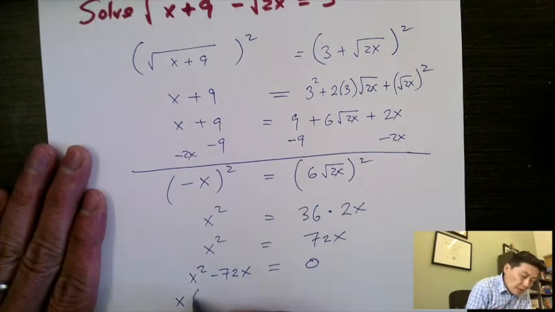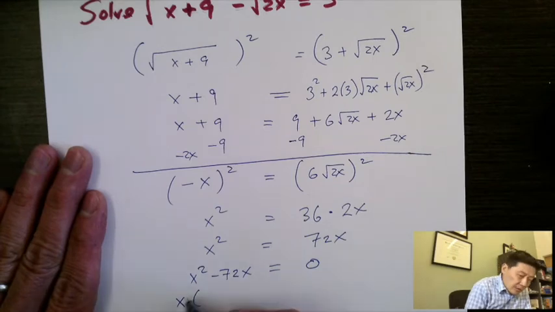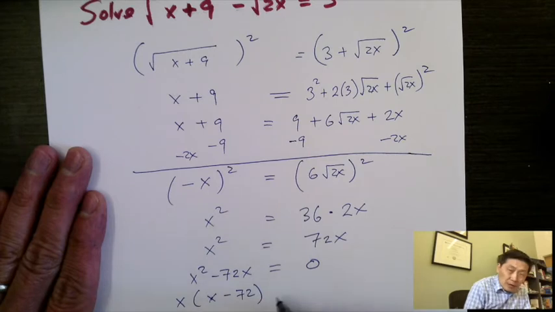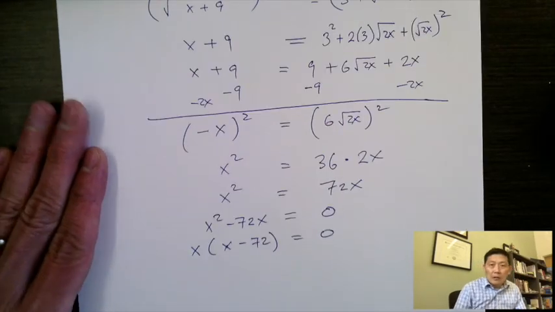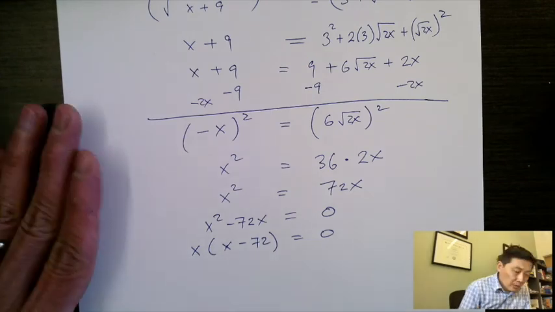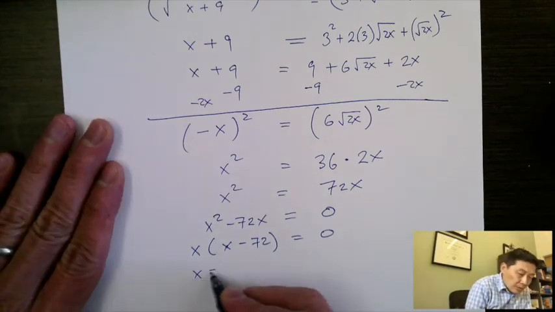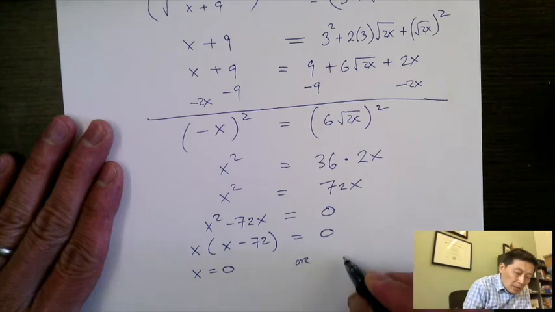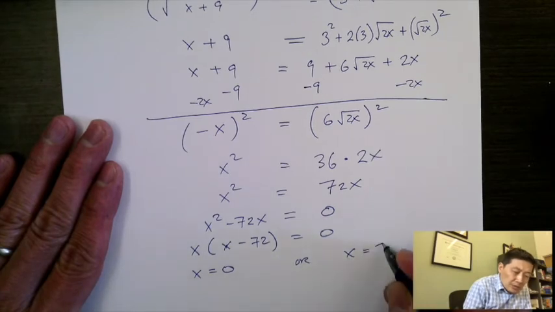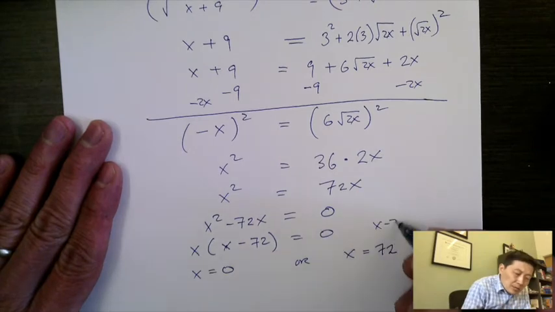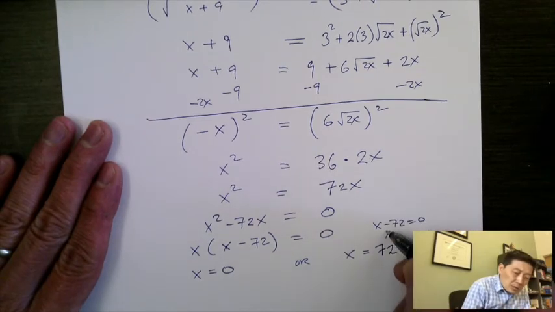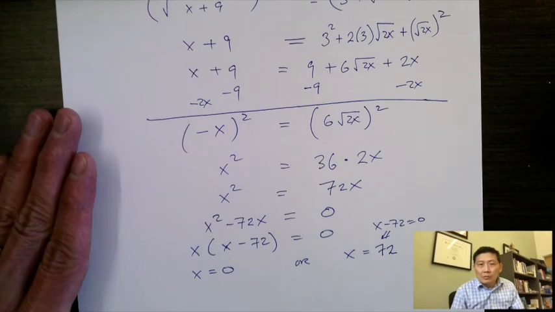You factor out x, and you end up with x times x minus 72 equal to 0. Now this is a very simple equation to solve. We know that x is equal to 0, or x minus 72 equal to 0, so you end up with x equal to 72. Makes sense, right?